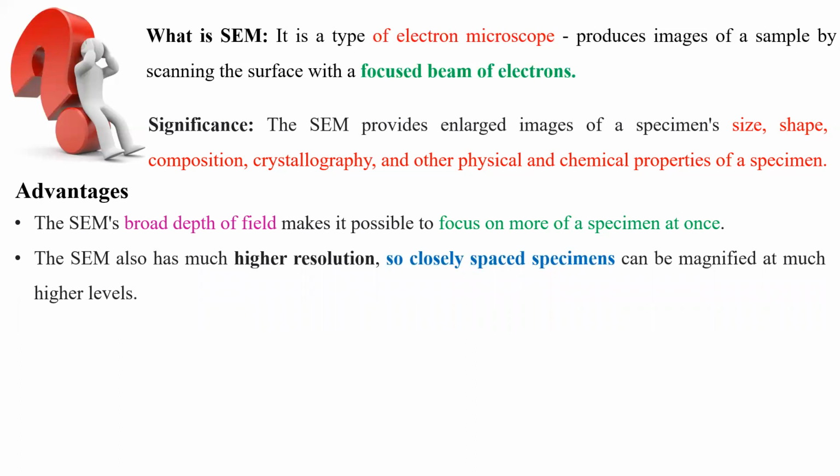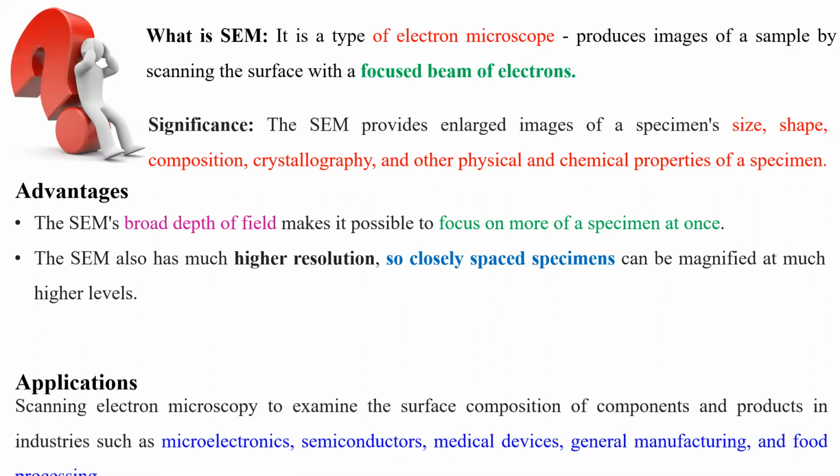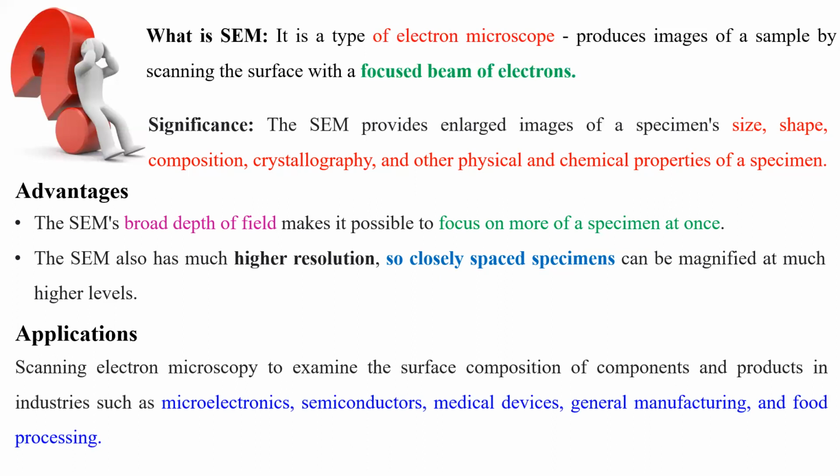With this resolution, closely spaced specimens can be magnified at much higher levels, so we can see clear images at higher magnifications. The applications are seen in many industries such as microelectronics manufacturing, semiconductor industries, medical devices, and also general manufacturing and food processing industries.